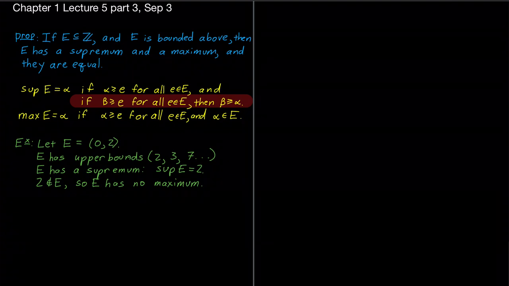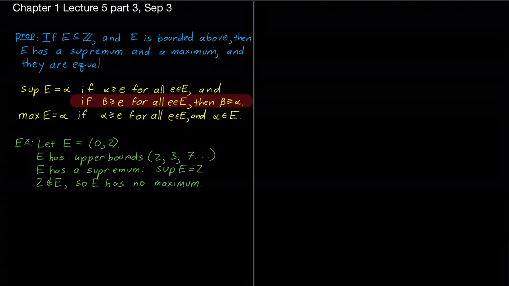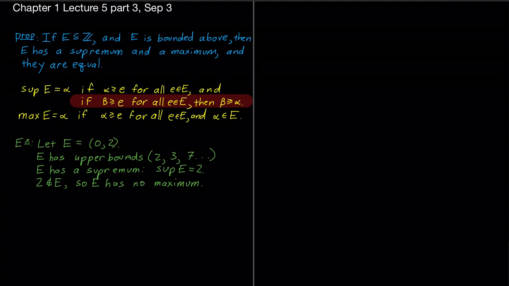So let's talk about what goes on in the rationals. In the integers, you can always find a maximum and a supremum that are in particular integers. In the reals, well, we've got an example where you can find a set with a supremum but no maximum.